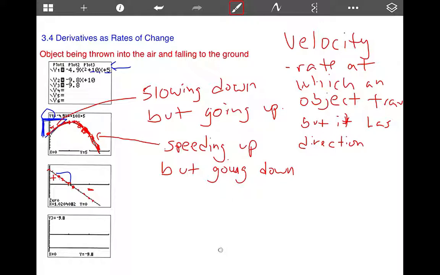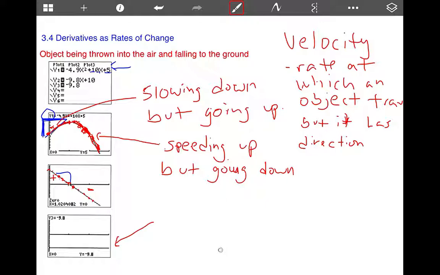Now let's think about this. This is all due to what? When I throw an object up in the air and it hits a maximum point and it starts to fall, what is causing that to happen?